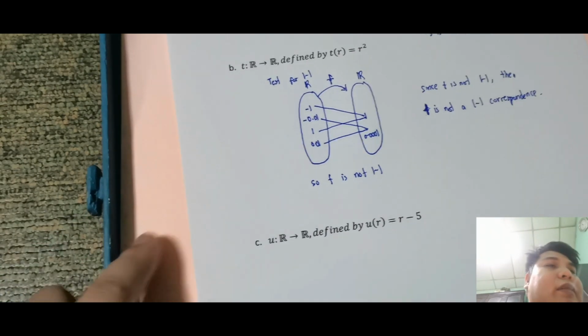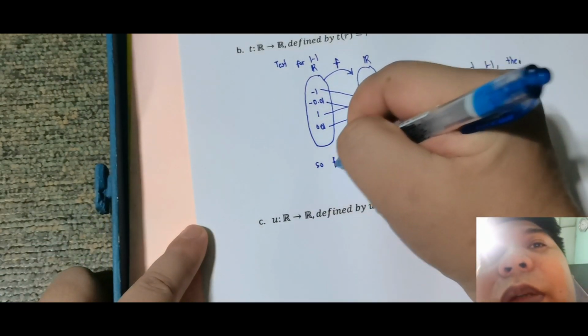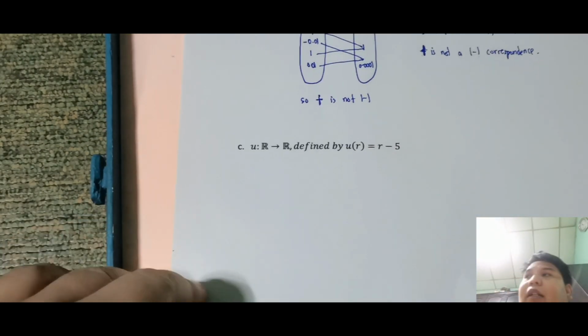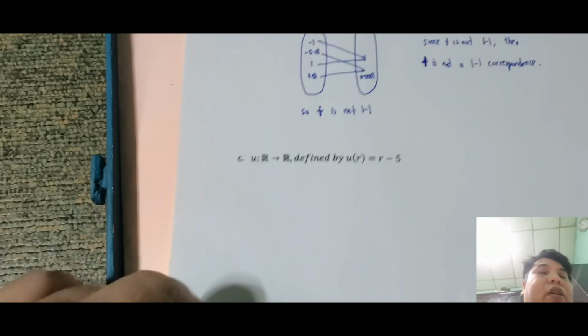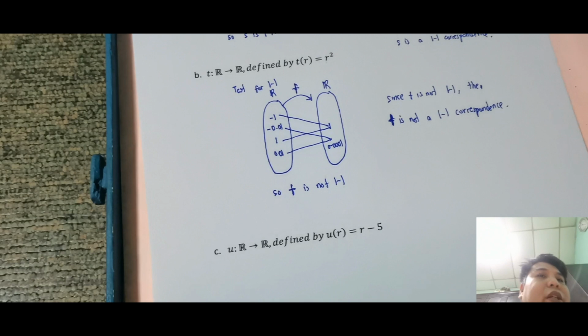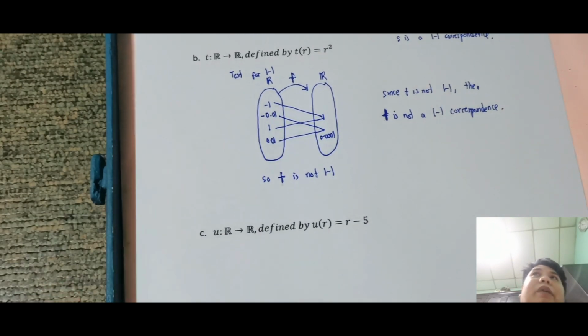Nakakalito din yung lettering. Hindi ko alam bakit binabago ko yung letter. Pasensya na rin about dyan. Okay, so huwag kayong mag-alala. Pagdating naman sa mga example, lalo doon sa next video, lagi nang f yung ginagamit ko. For the meantime kasi ibang letter para ma-appreciate mo yung paglalagay based sa definition.